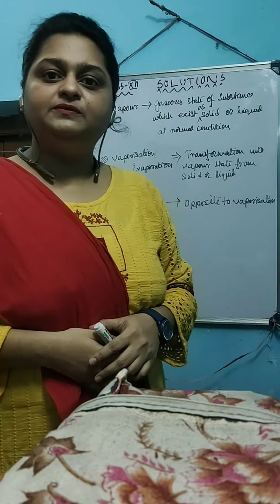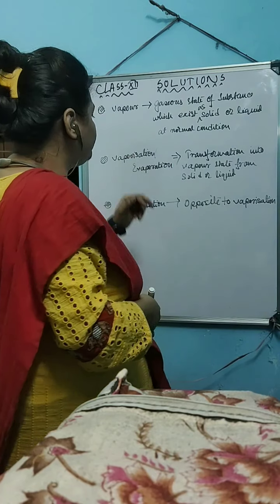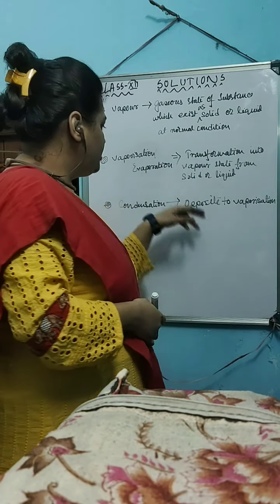So obviously, any substance in vapor state contains comparatively more energy compared to the gaseous state of a normal substance. For that particular reason, two transformative terms have appeared, which are vaporization and condensation.